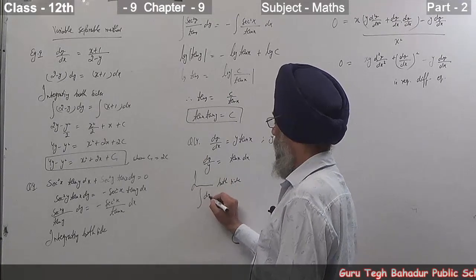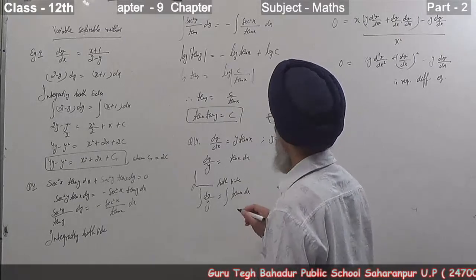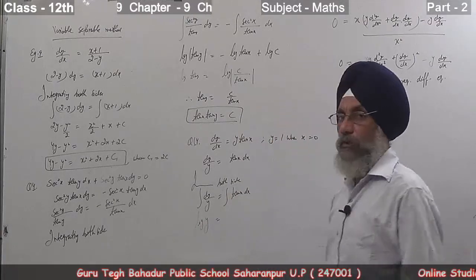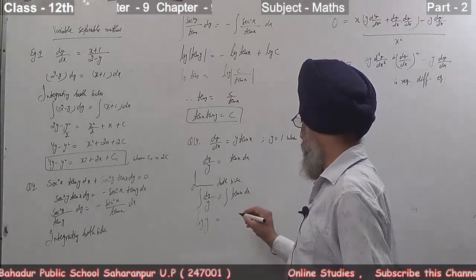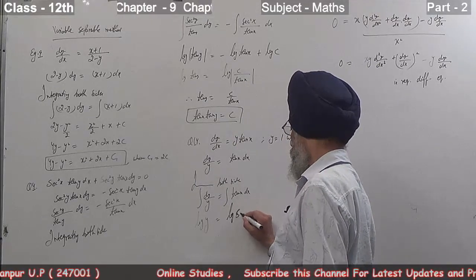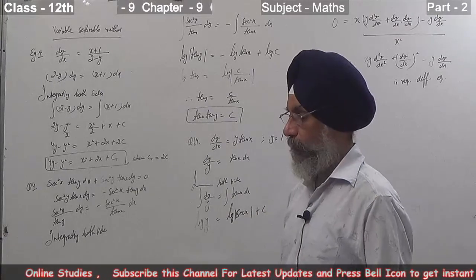It becomes integral of dy upon y equals integral of tan x dx, that is log of y, and integration of tan x is log of sec x plus constant of integration.